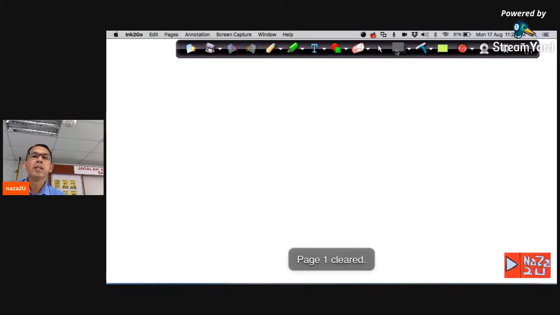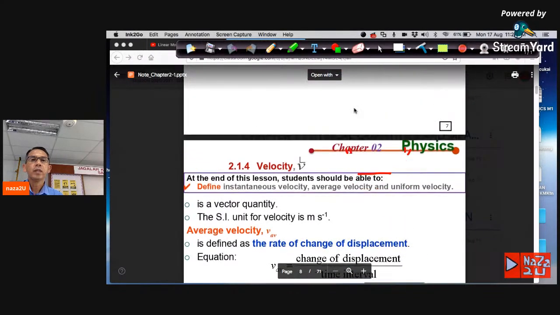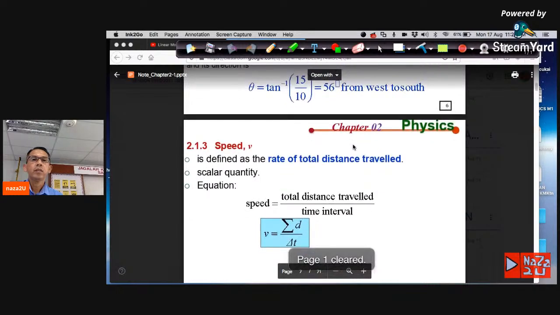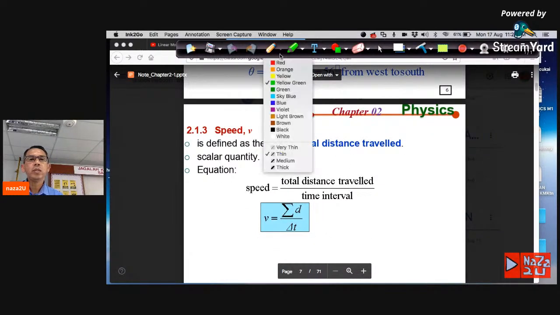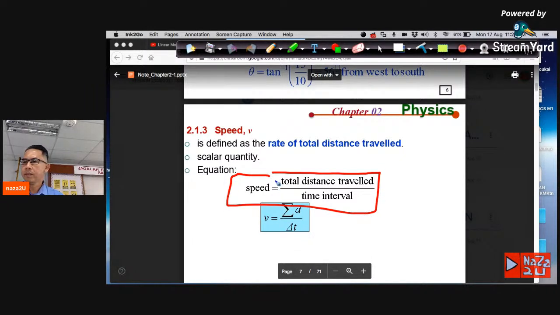If you look at the lecture note here, back to the speed, right? So the speed equation is total distance travelled divided by time. Okay, so anything when you talk about the rate, ingat ya, kalau kita berbincang mengenai rate, kadar, maksudnya kita divide by time, so kita merujuk kepada how fast, berapa cepat.